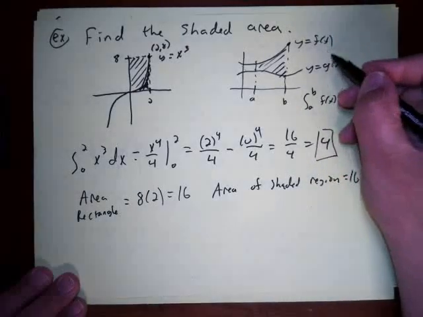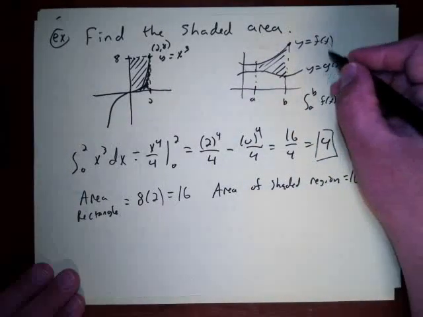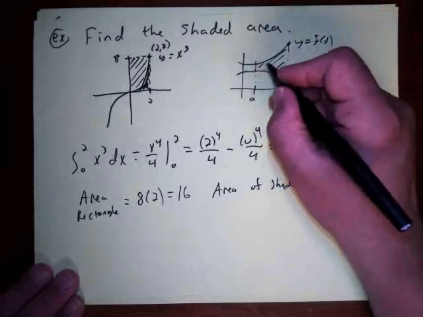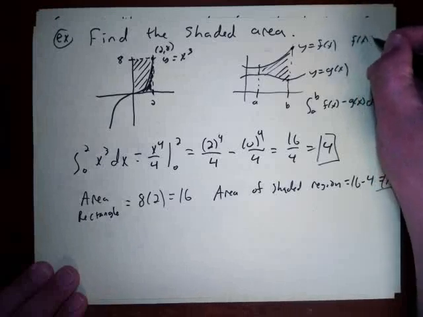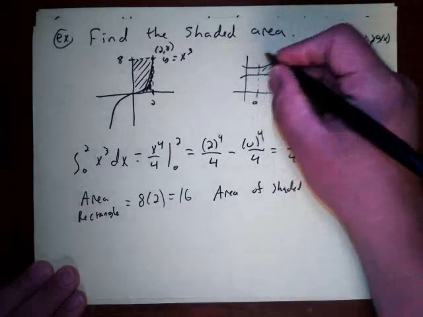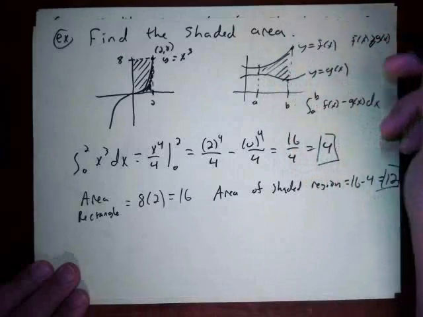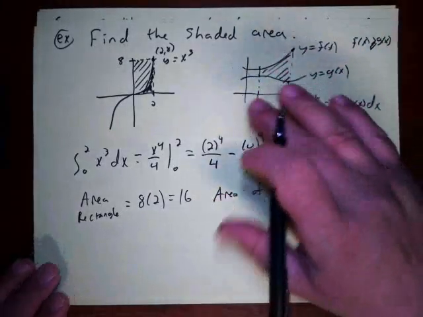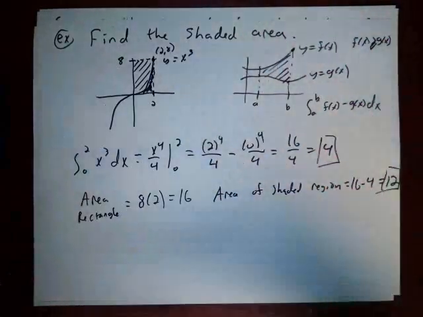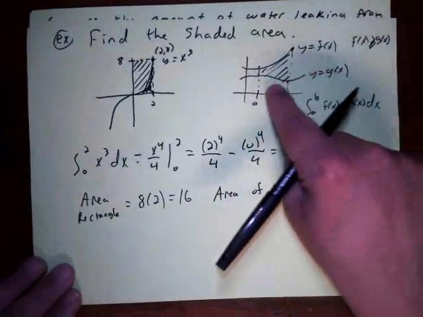So you subtract these two functions and integrate, and you find the area between them. Now it's important that f of x is greater than or equal to g of x for all x in [a, b]. Okay, so one is above the other. If they change, you've got to split up the integral. But if one is above the other the whole time, then you can do this.